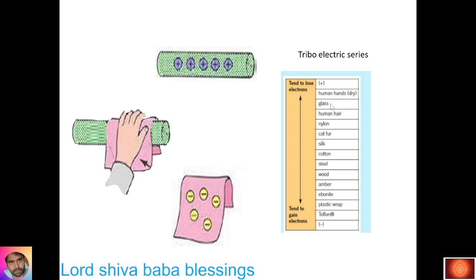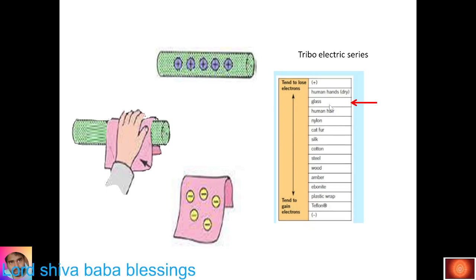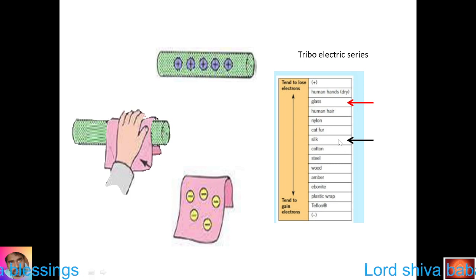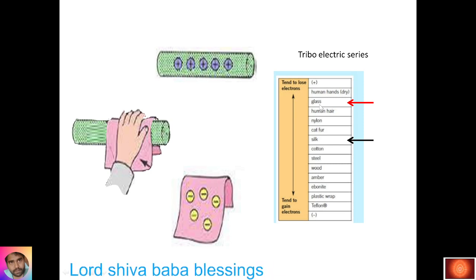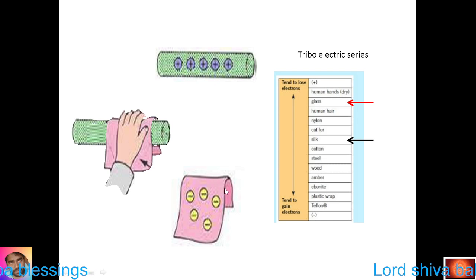When we rub glass against silk cloth, since glass is at the top of the list, it has the tendency to lose electrons. These lost electrons are gained by the silk.